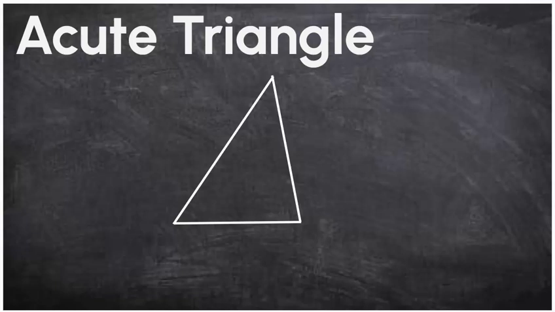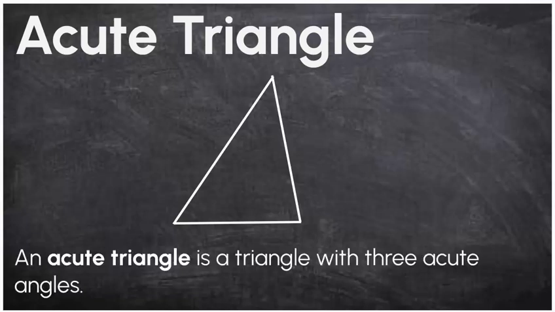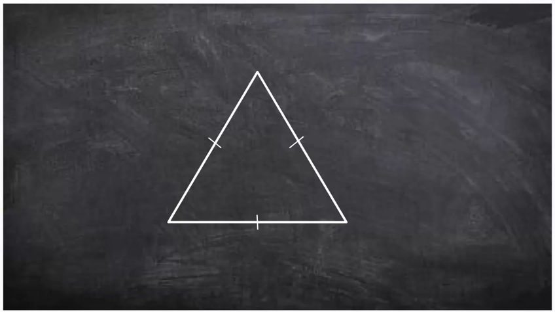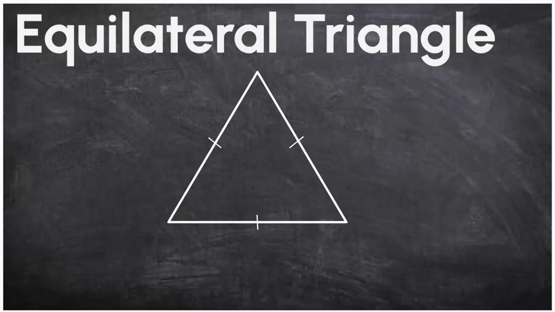Acute triangle. Why is this an acute triangle? An acute triangle is a triangle with three acute angles. Equilateral triangle.